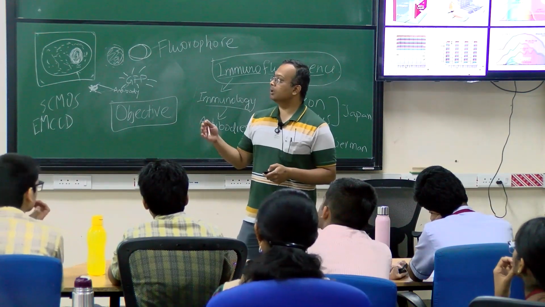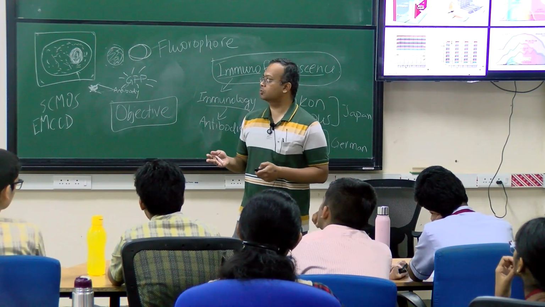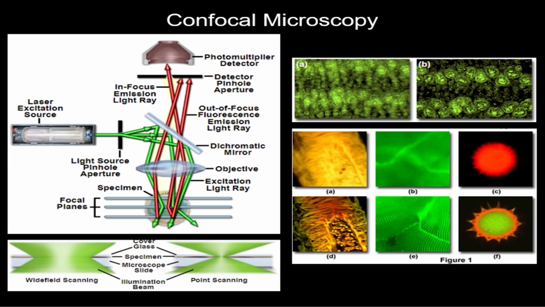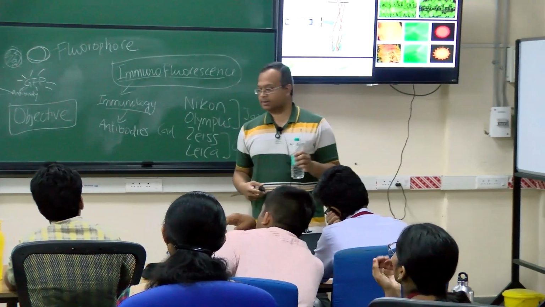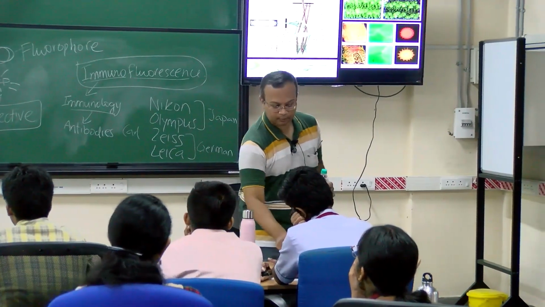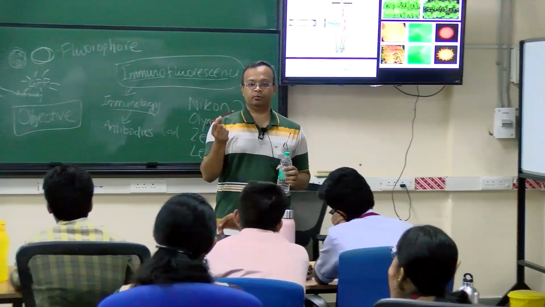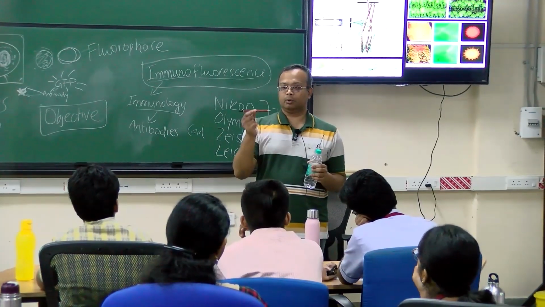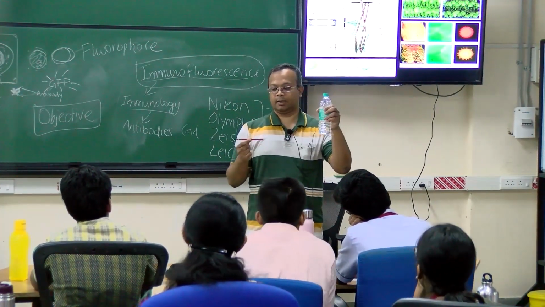Now we'll come to some advanced types of microscopes, and one of them is called the confocal microscope. Let's say my object is a thick object, and as another example I have two objects, and I want to image this and this.